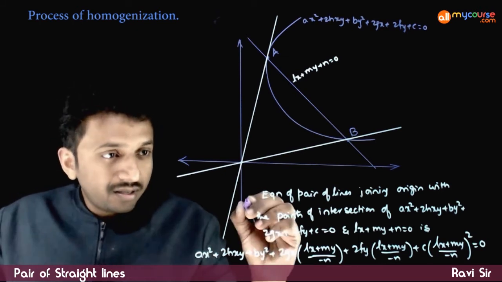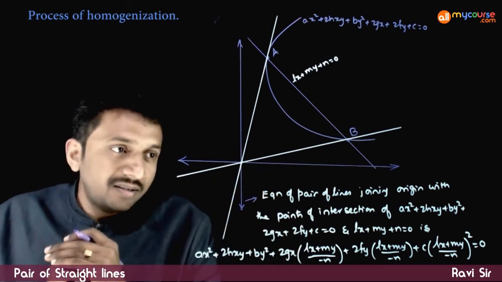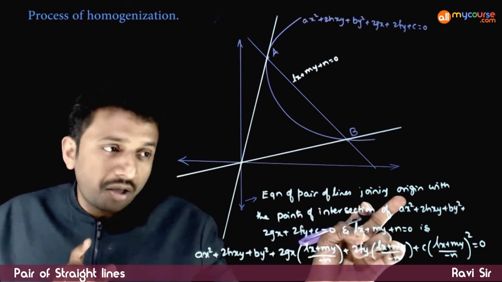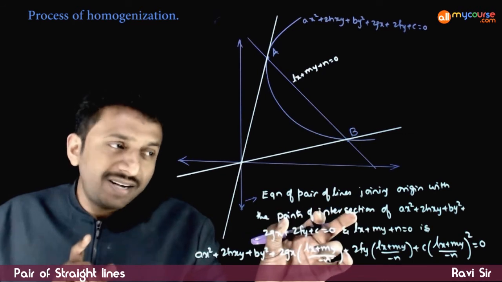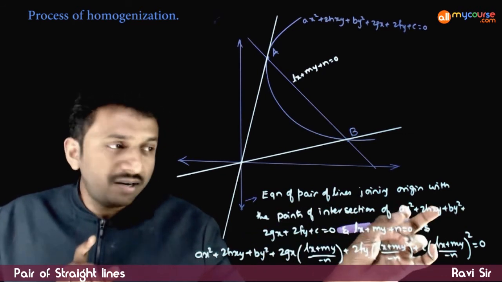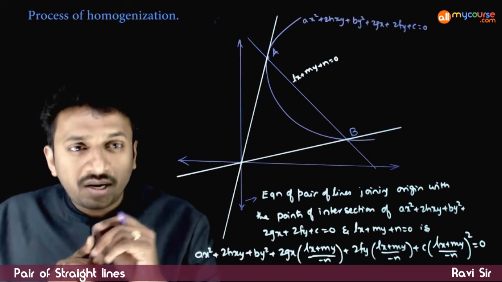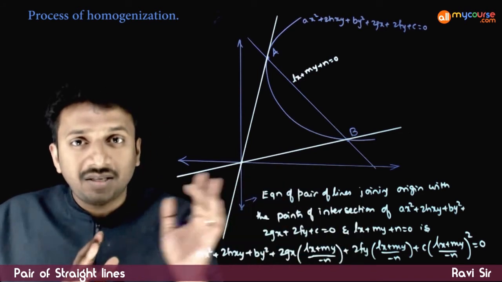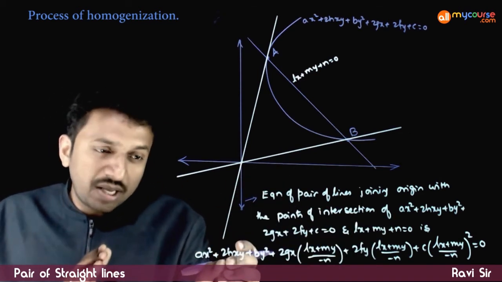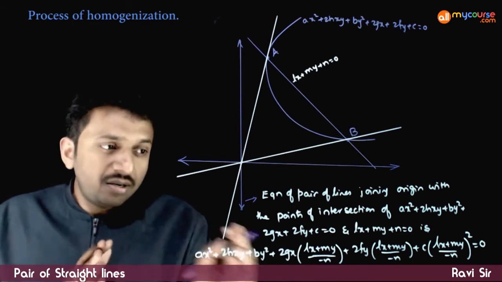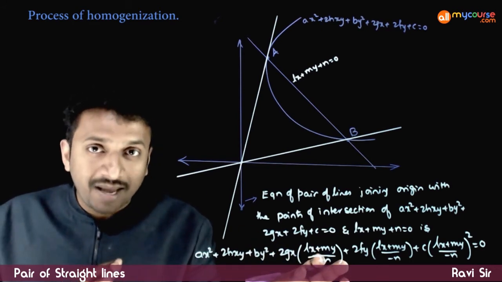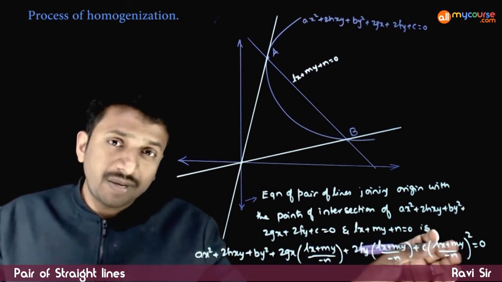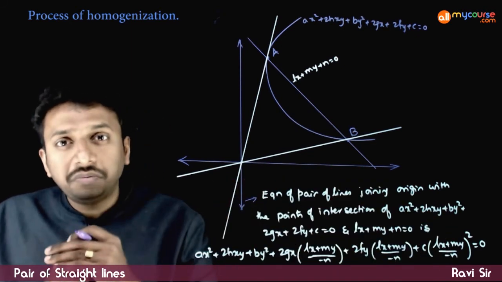The statement corresponding to this process is that the equation of the pair of lines joining the origin with the points of intersection of ax square plus 2hxy plus by square plus 2gx plus 2fy plus c is equal to 0 and lx plus my plus n is equal to 0 is ax square plus 2hxy plus by square plus 2gx times (lx plus my) by minus n plus 2fy times (lx plus my) by minus n plus c times ((lx plus my) by minus n) whole square is equal to 0.